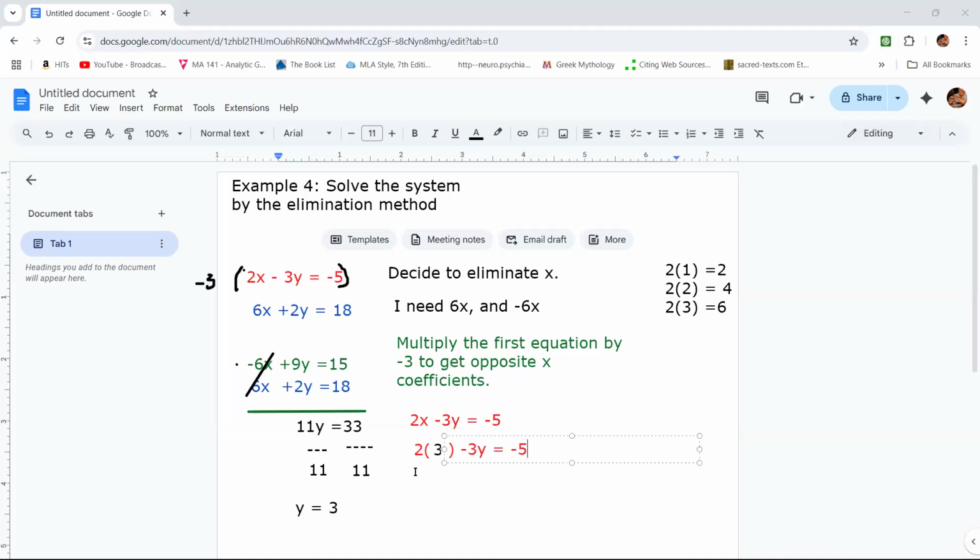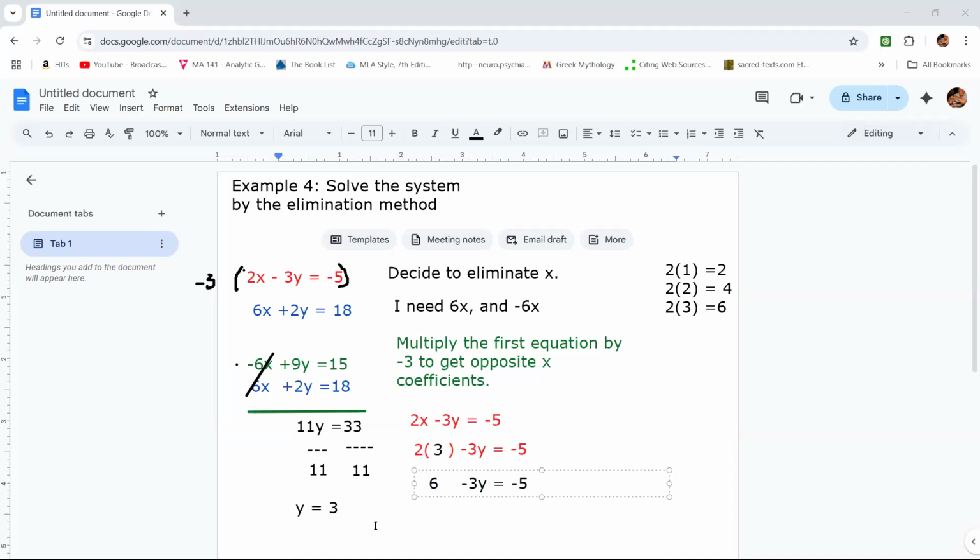And I have 6x, I'll write in black. Now, this is going to be 6 minus 3y equals -5.